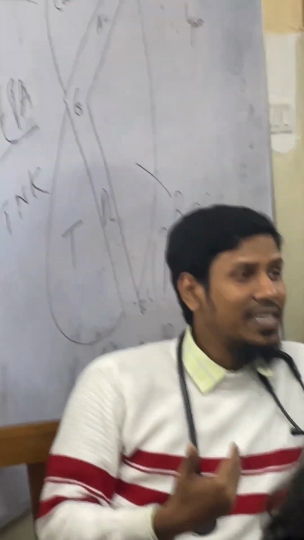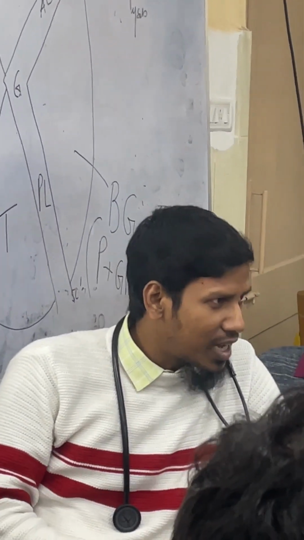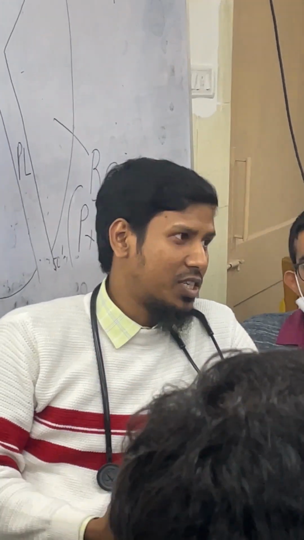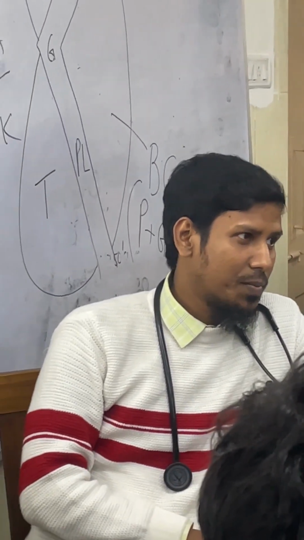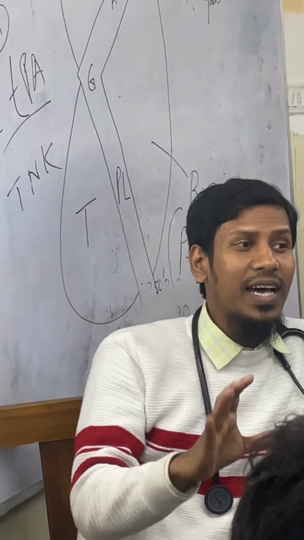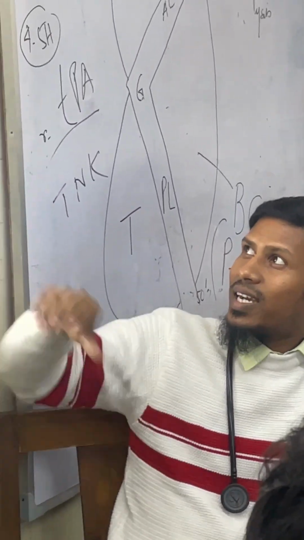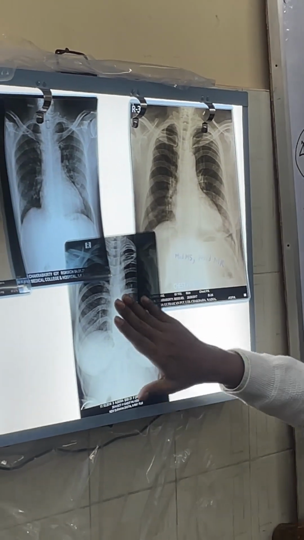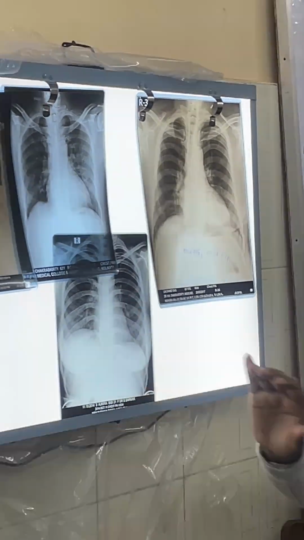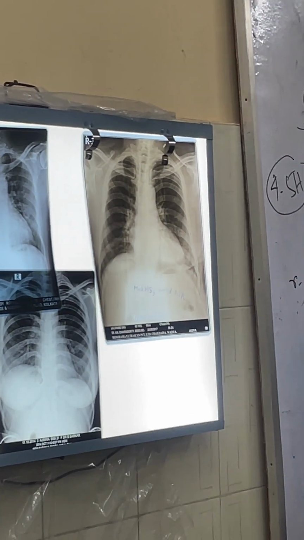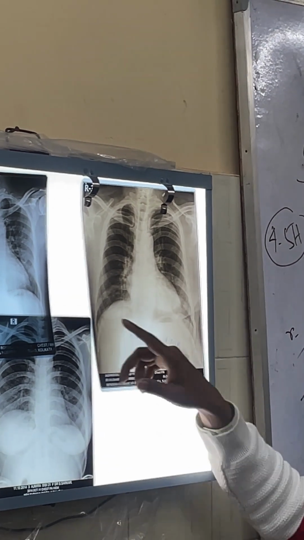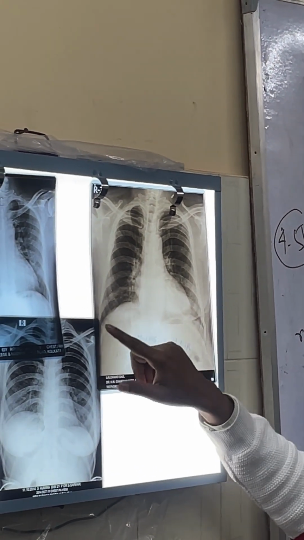Next, whether it is taken during inspiration or during expiration is very important. During inspiration, the lung gets inflated. So just look here, usually the sixth rib will touch the diaphragm.